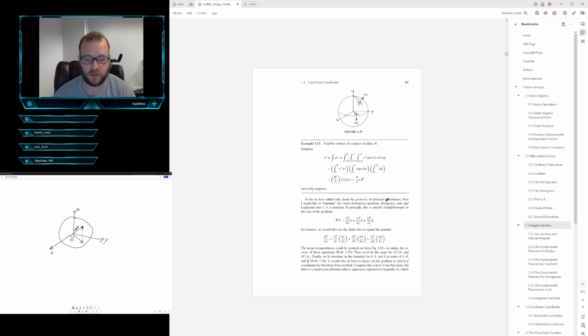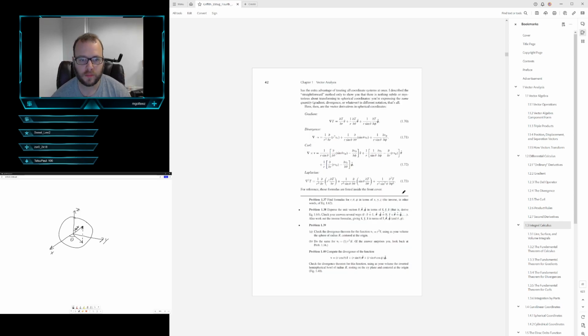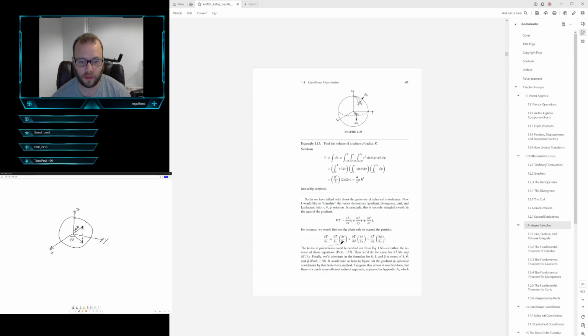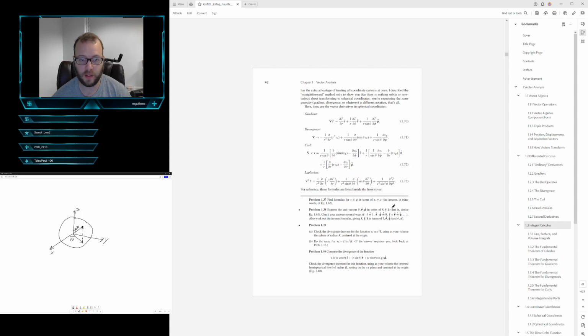So now I'm going through these quickly because these should be done in more detail in your Calc 3 course, and they should also be used as a reference in the back of the book. Here we have the chain rule to expand out the partials, changing the gradient with respect to x into r, theta, and phi.